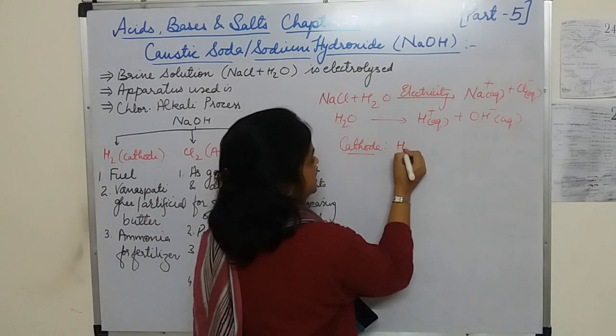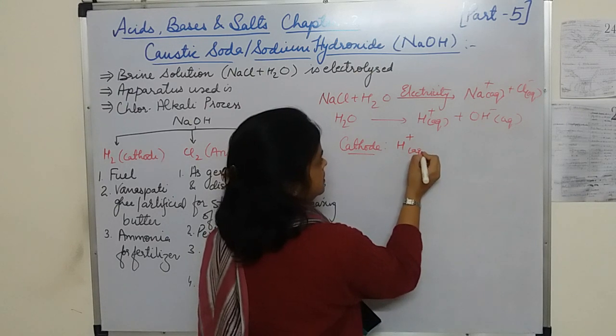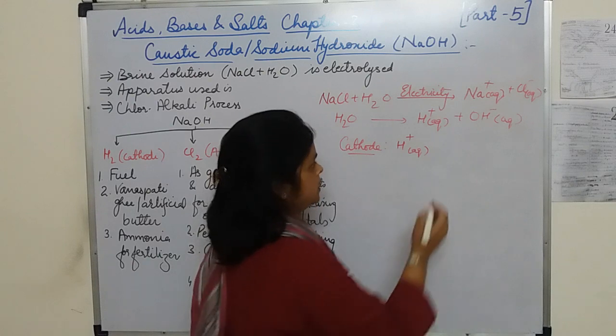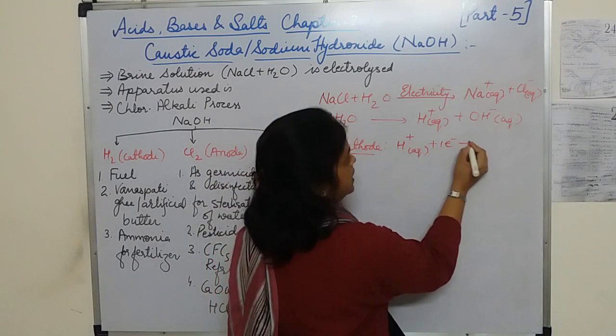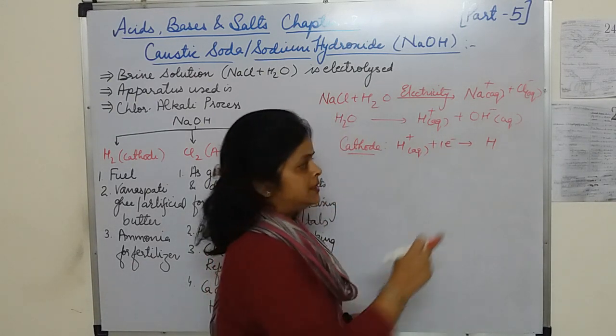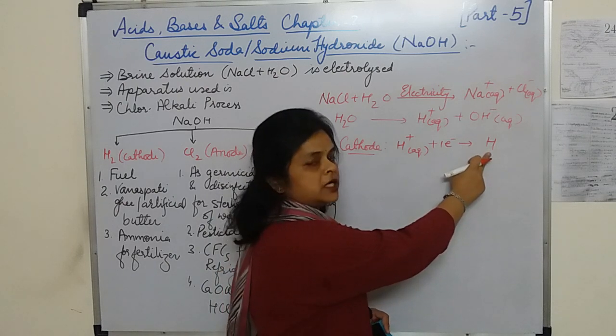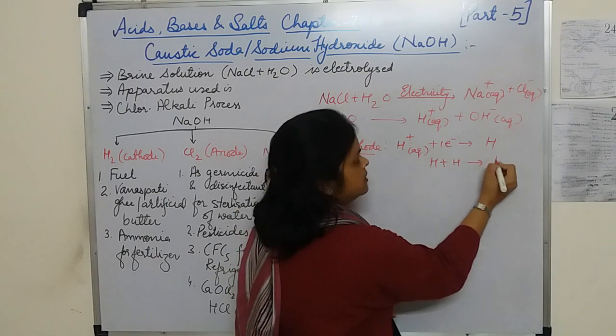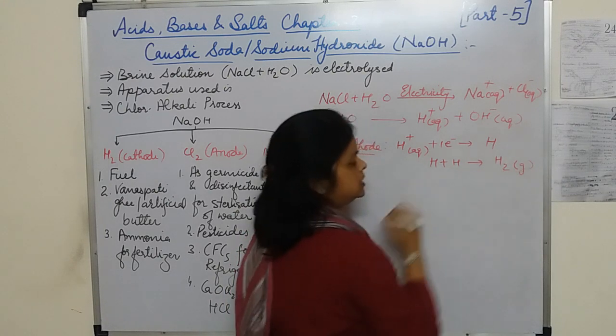The H+ ions reach the cathode, and having a positive charge means they have a deficiency of one electron. They will gain one electron and form an H atom. This nascent hydrogen atom is unstable, so two hydrogen atoms will combine to form hydrogen gas.